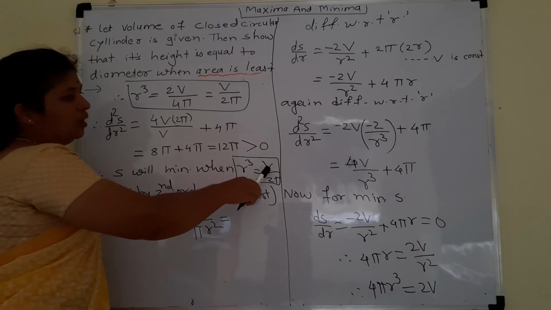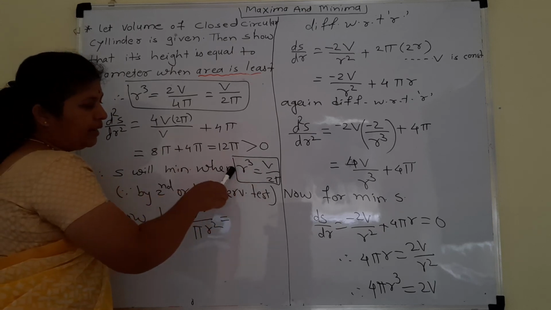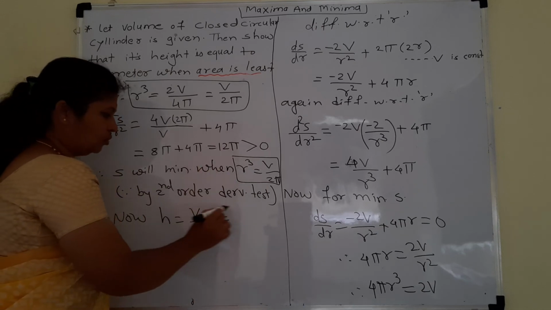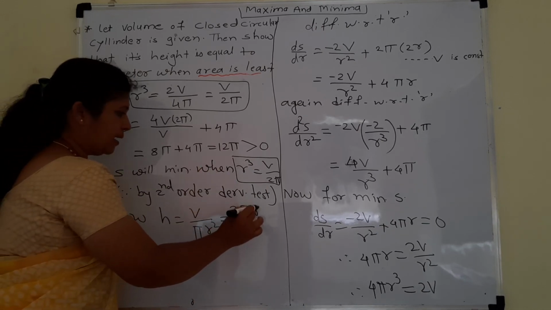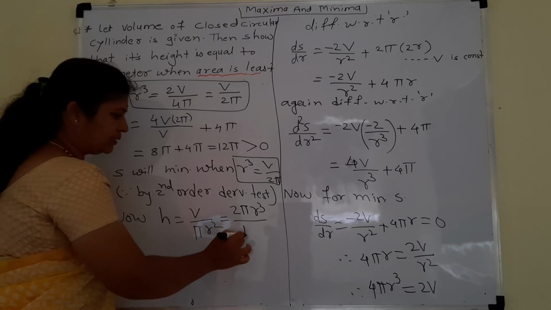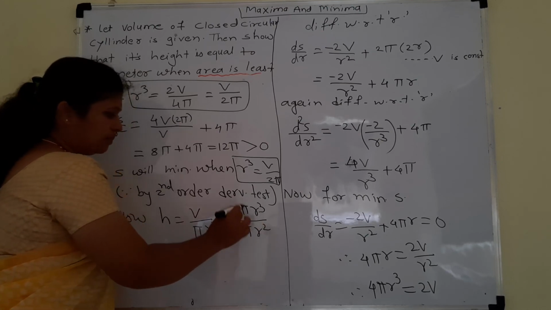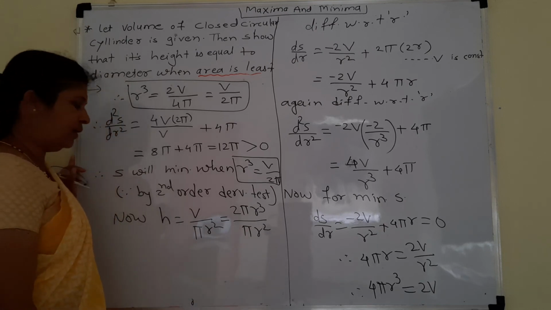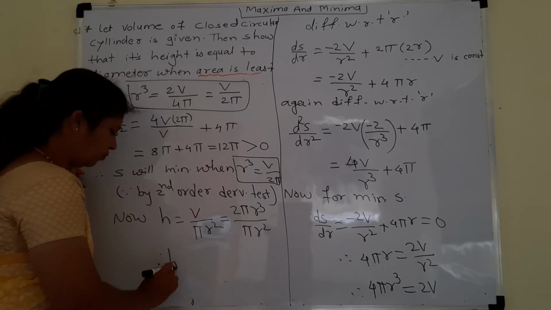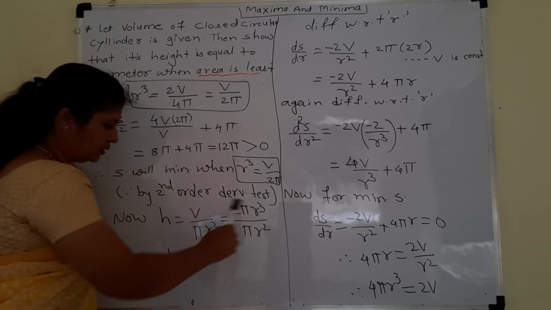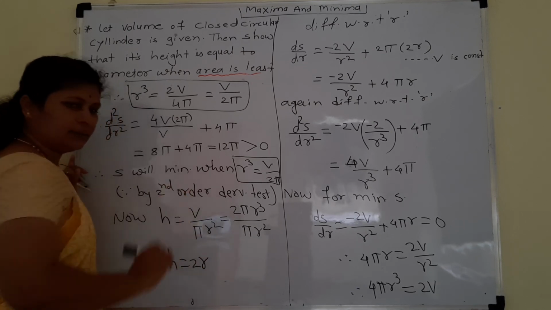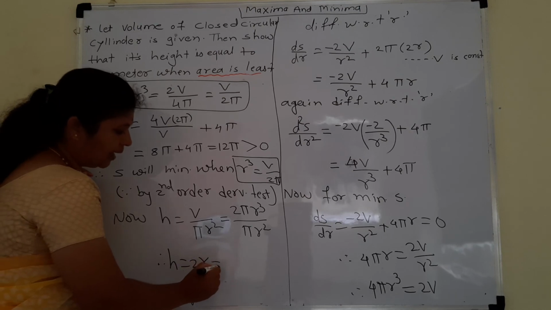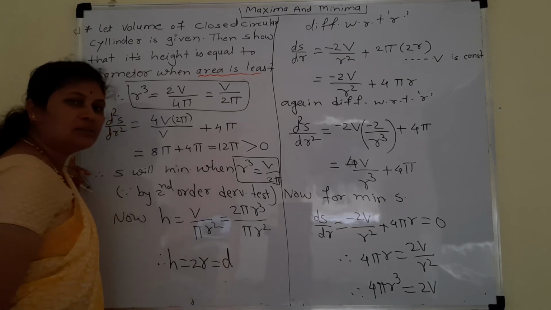V is equal to 2 pi into r cube. Put this value 2 pi r cube upon this pi r square. This pi will get cancelled. R cube upon r square will get cancelled, and therefore h is equal to, there remains 2 times r, and this 2 times r is nothing but diameter of the cylinder.